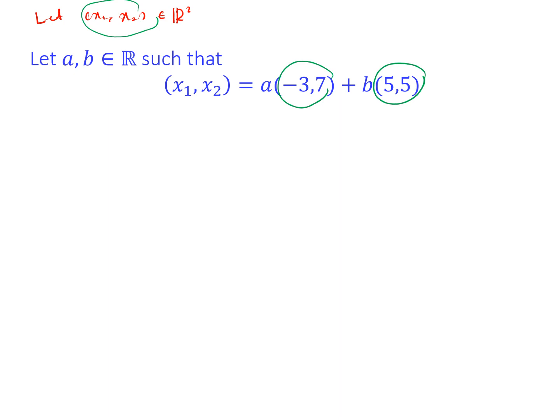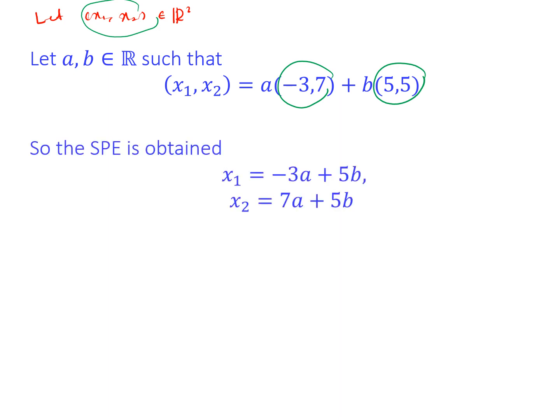Okay, we want to verify whether the scalars a and b exist or not. Right? So after that, by doing some operations on this equation and then comparing component 1 and component 2 on both sides of this equation, we end up with a system of linear equations with two unknowns, and the unknowns are a and b. Okay, and then we try to solve this system of linear equations.